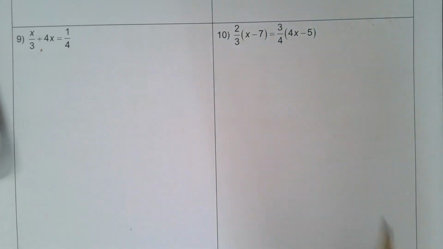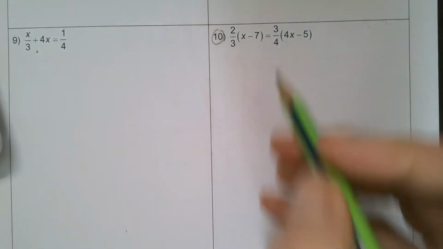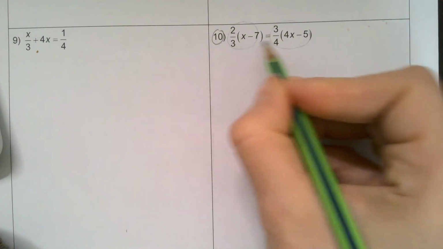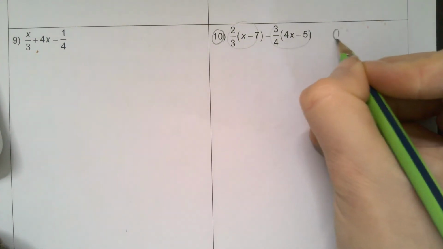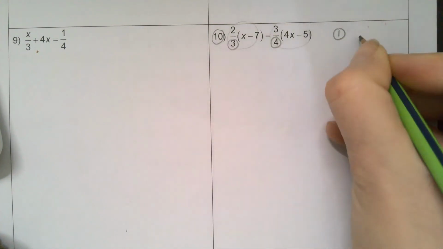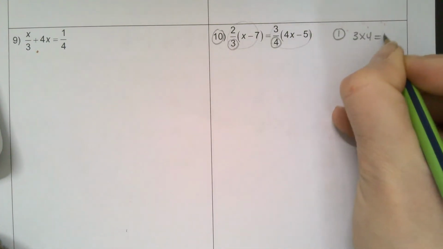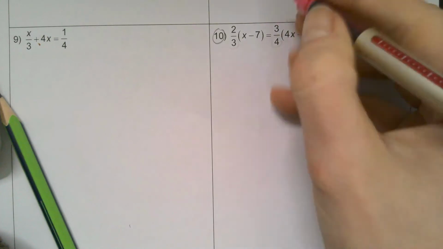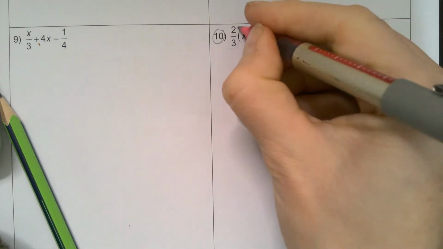Let's do 10. Okay, so this is one term and this is one term. So I have two fractions to get rid of. So I want to get rid of the 3 and the 4. So I'm going to multiply those together. 12. So that means I have to multiply each term by 12. So I'm going to go times 12, times 12.